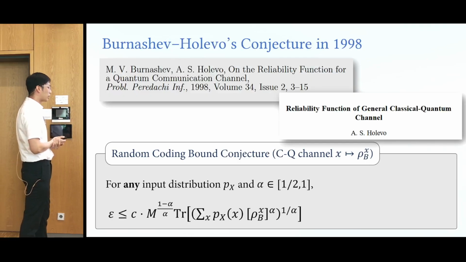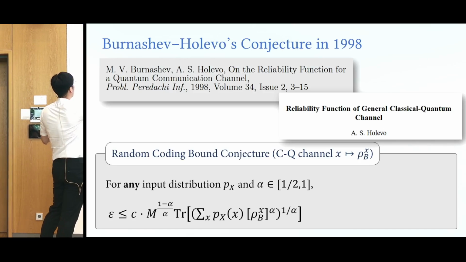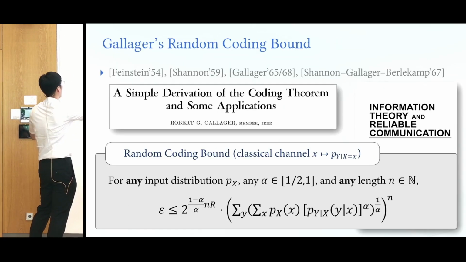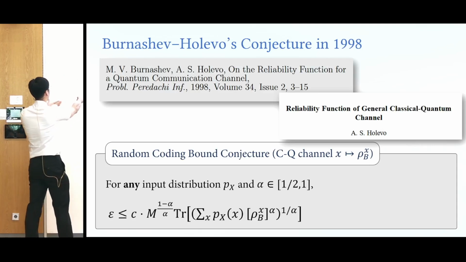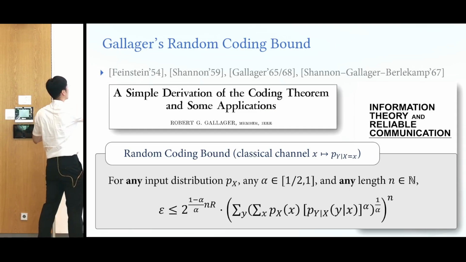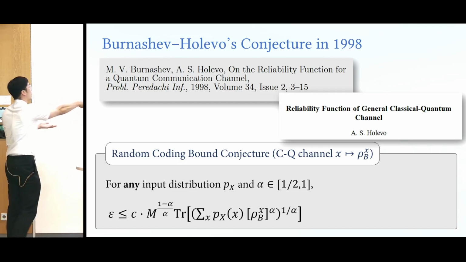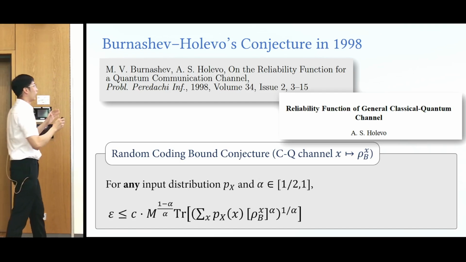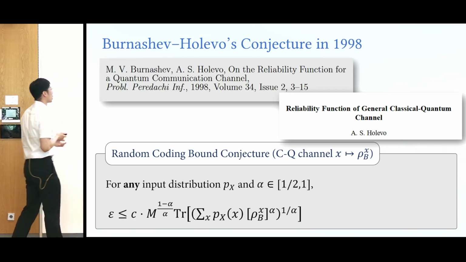After the HSW theorem, Burnashev and Holevo, in their 1998 paper, conjectured exactly the same bound, but they seek some constant C such that this holds for all n, and replace the channel output distribution by density operators. So it's a very similar form. I just write n equal to 1 because it's essentially one shot.